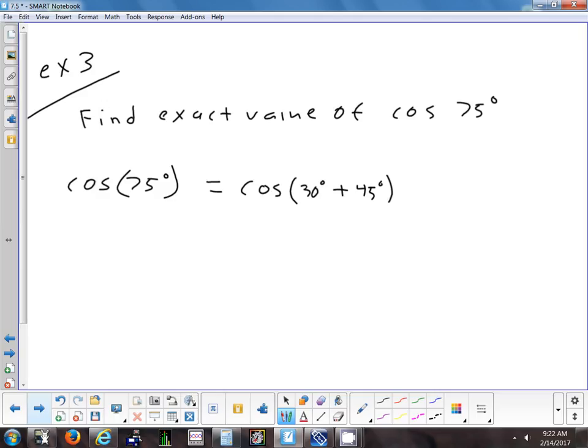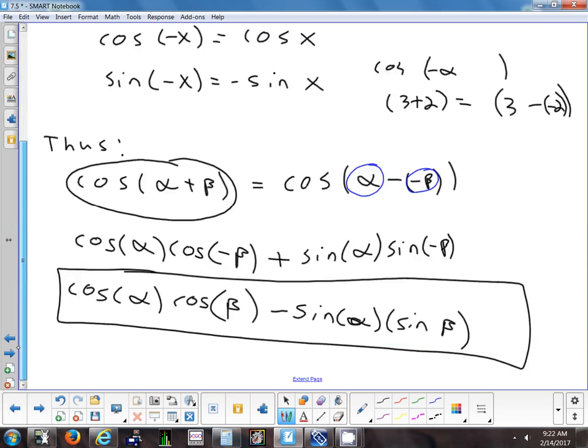First thing, when you have a sum, what sign does the formula involve? A sum or a difference? Cosine of a sum involves the difference. Yes.